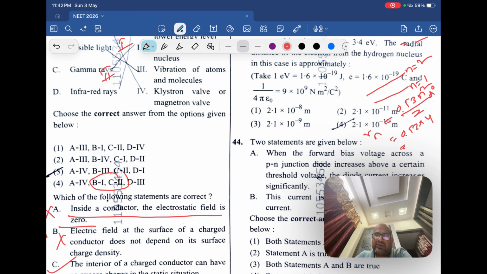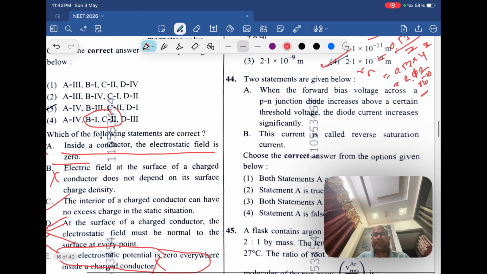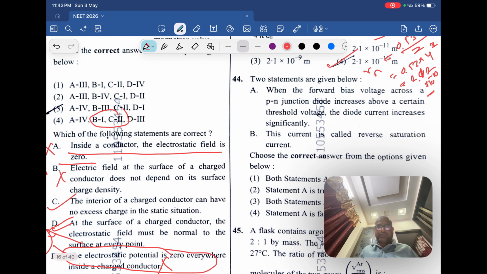So you can simplify this one: 4 times 3 is 12, carry 1, 4 times 5 is 20 plus 1 is 21, so 2.12 angstroms. One angstrom is 10 power minus 10 meters, so the answer should be the 4th option.